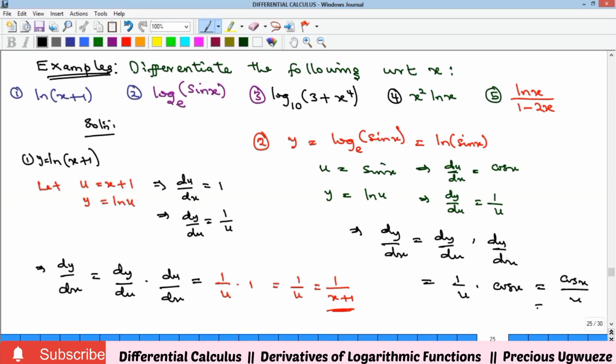Our u is simply sine x, so you have cos x all over sine x. And you recall that by trigonometric function, cos x over sine x is actually equal to cot x. Therefore, our dy dx is the same thing as cot x. All right, and that's the solution. We go to example 3.